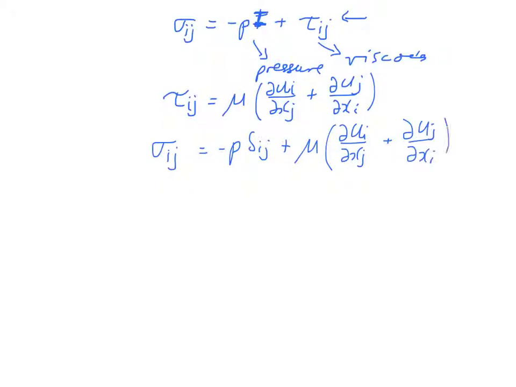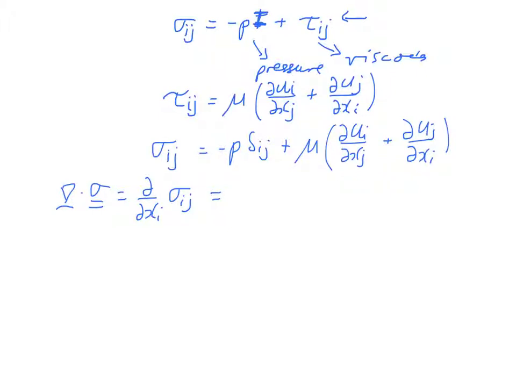And now we're going to take the divergence of this, and the divergence of sigma is just equal to d dxi of sigma ij, where, as always, repetition implies summation.